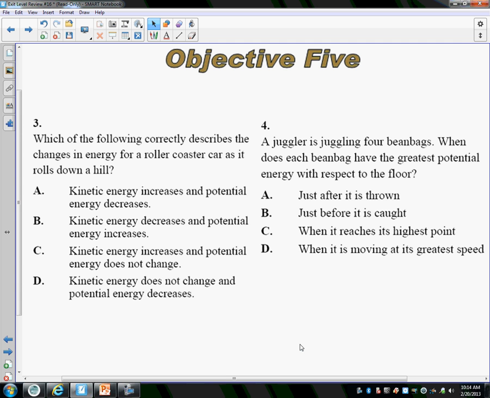When it gets to the apex of the throw, right up at the top, right before it begins to fall. So this is D. Or no, not D, I'm sorry, C. When it reaches its highest point.